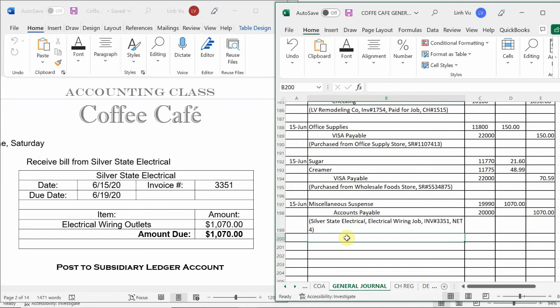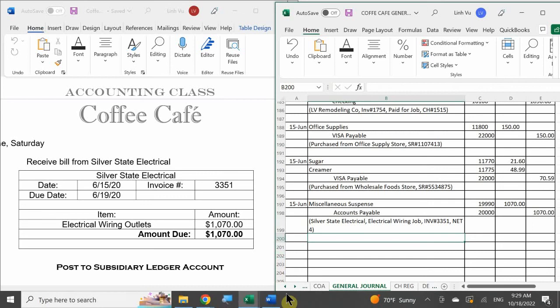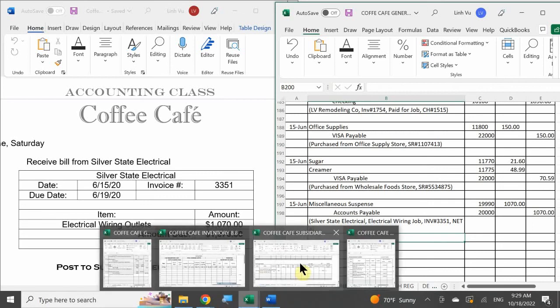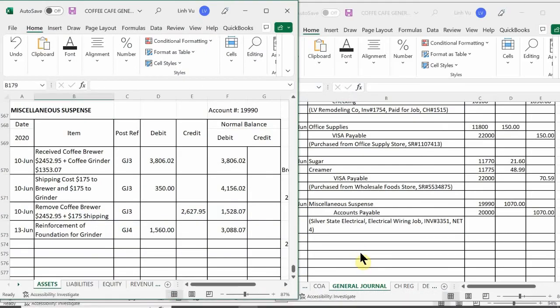Okay, so my journal is done. Now you're going to go back to the ledger, and we're going to transfer the coffee grinder out of miscellaneous expense. Our journal has not said that.